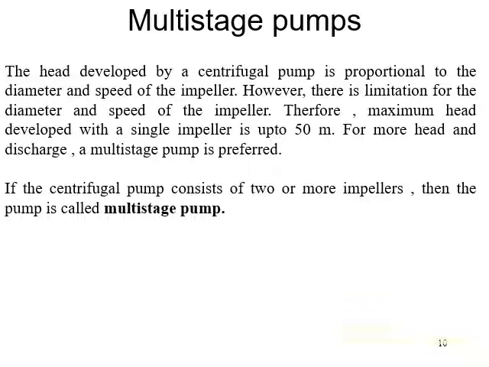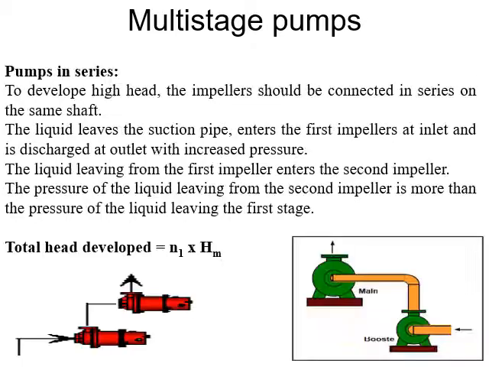For more head and discharge, a multi-stage pump is preferred. If the centrifugal pump consists of two or more impellers, then the pump is called a multi-stage pump. In a multi-stage pump, there are two types: pumps connected in series or pumps connected in parallel.